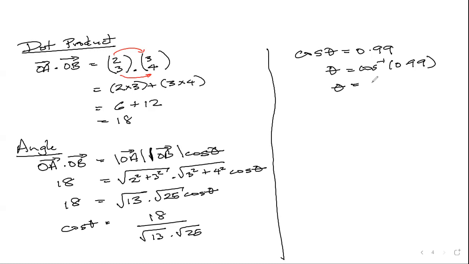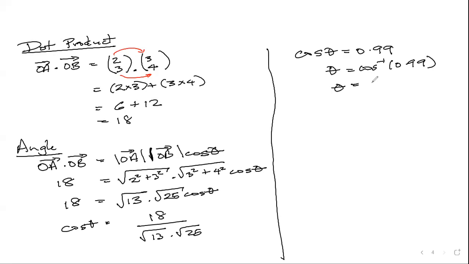My calculator is in radians now. So you want it in degrees or radians? You mean in degrees? 3.6, or 3.624. Sir, 8.11 degrees. Yes, sir, 8.11.